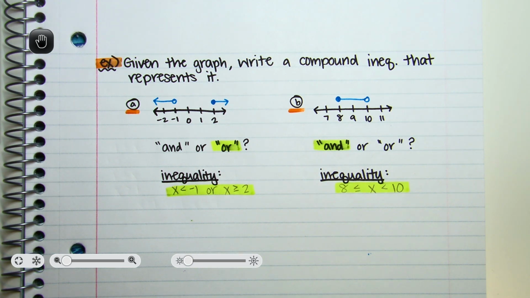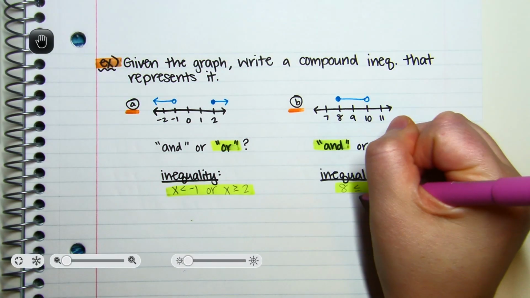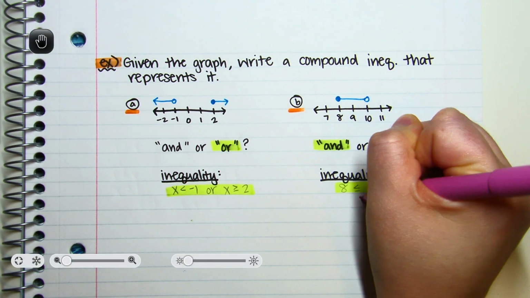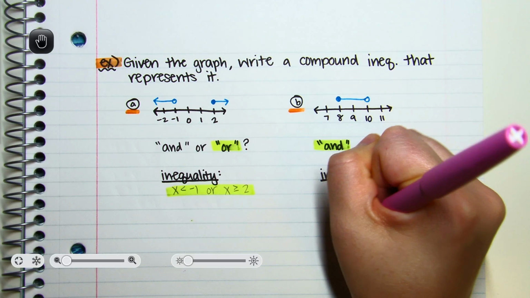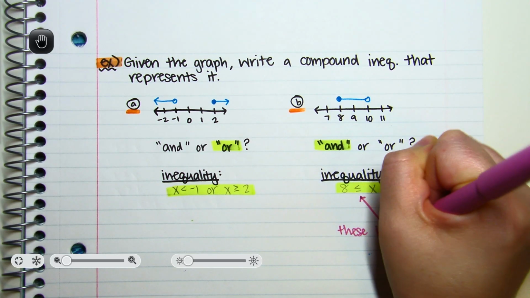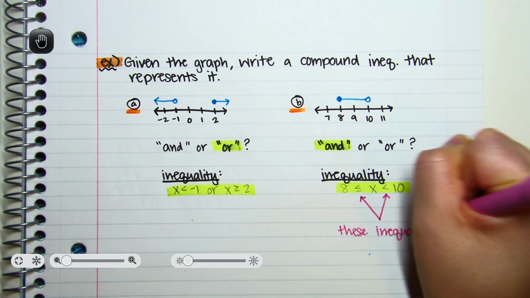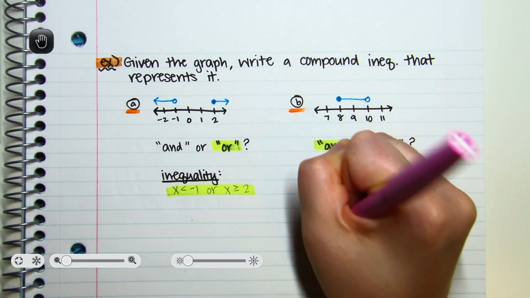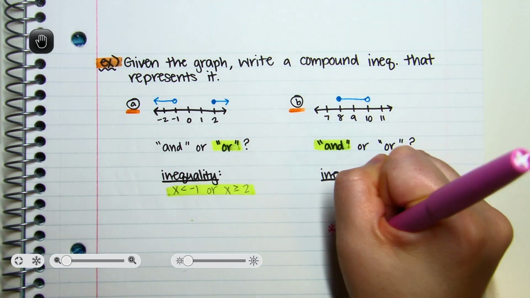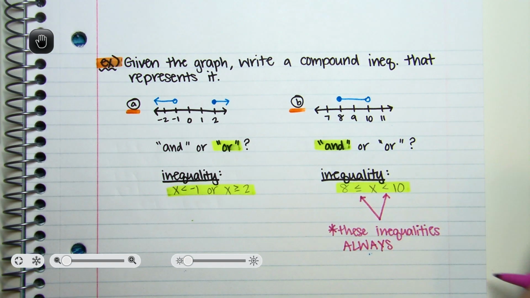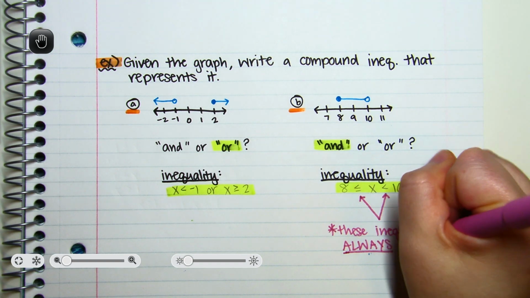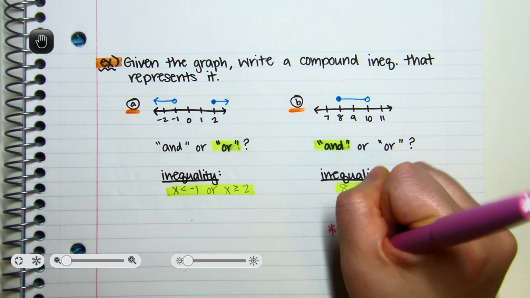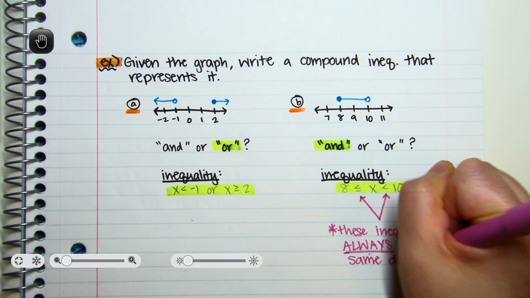Now, something that I want to point out with these and statements, when it's written as this compound statement with the 2 inequalities, these inequalities always go the same direction.